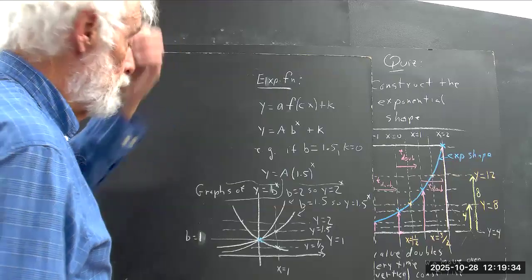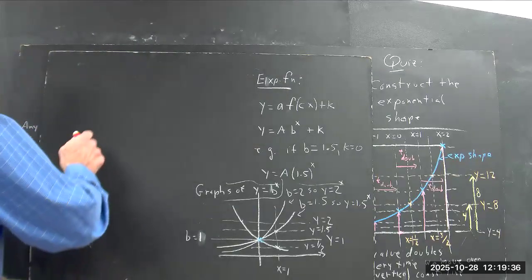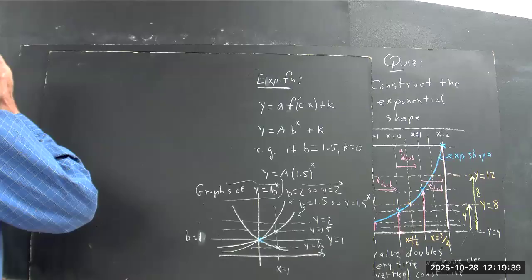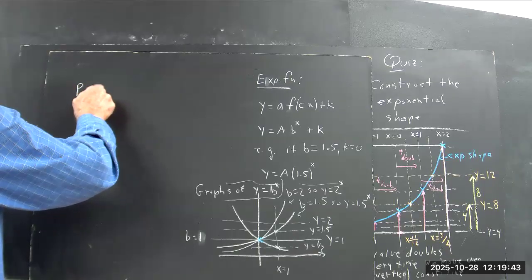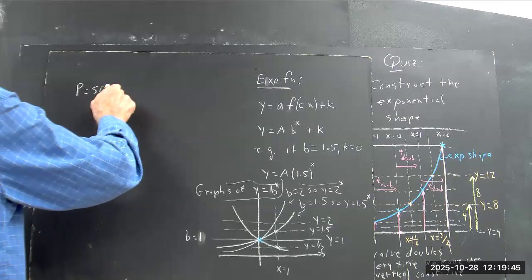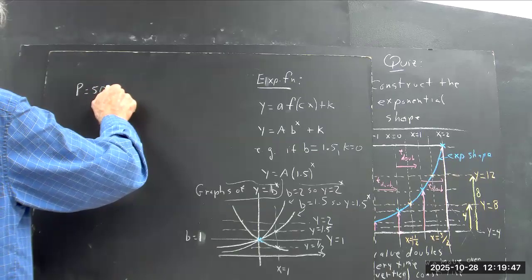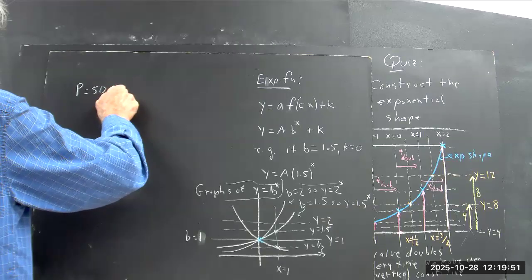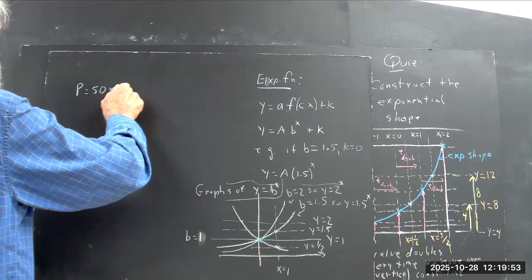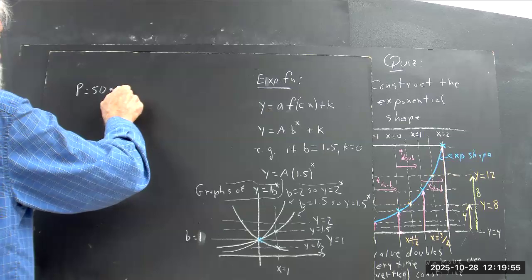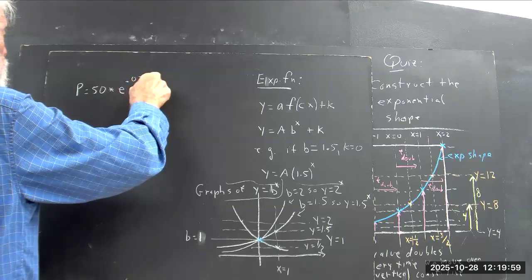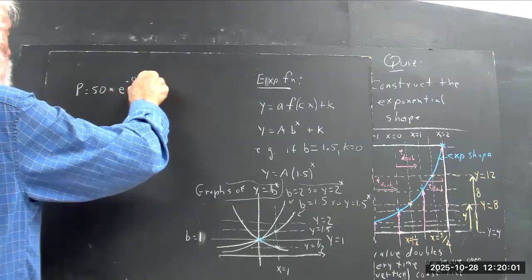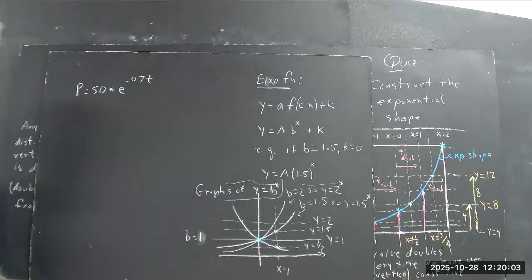In the section that we're going to assign for homework, you'll have something like P equals 50 times e to the 0.07t.